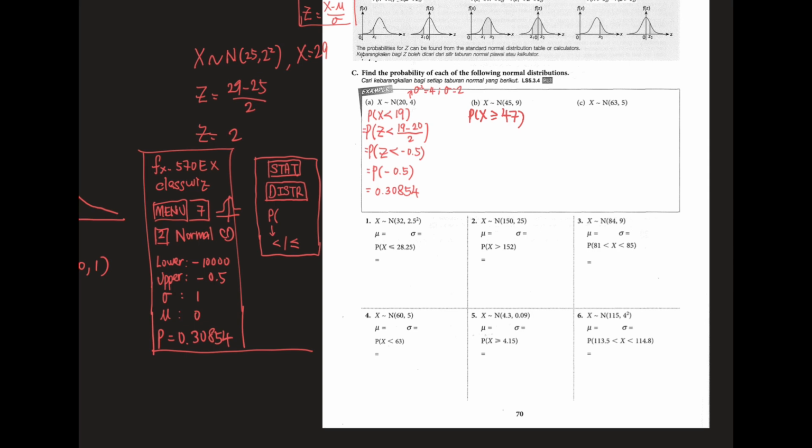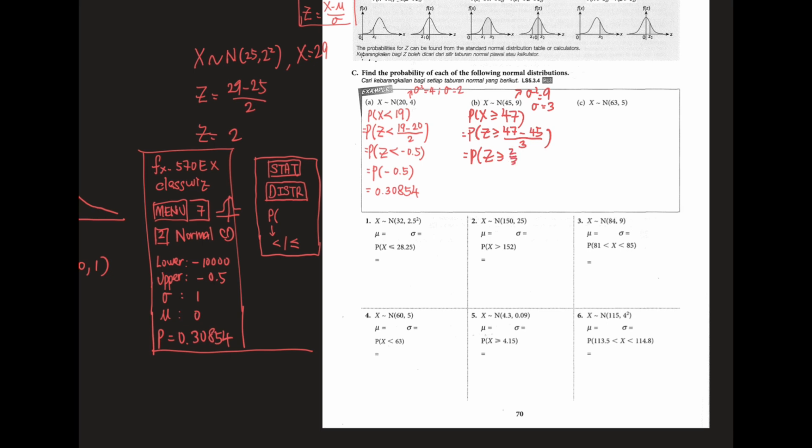The x you change to z straight away, the inequality remains, and the number you change using the formula: x minus mean over standard deviation. Again, the 9 is sigma square, so the standard deviation sigma is hence 3. So we have 2 over 3, more than or equal to 2 over 3.